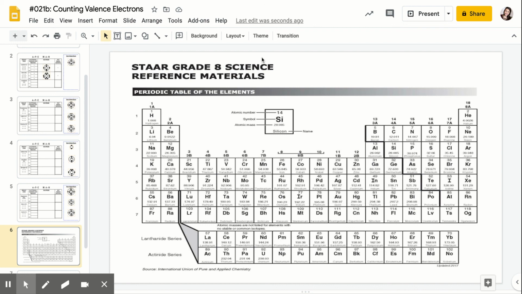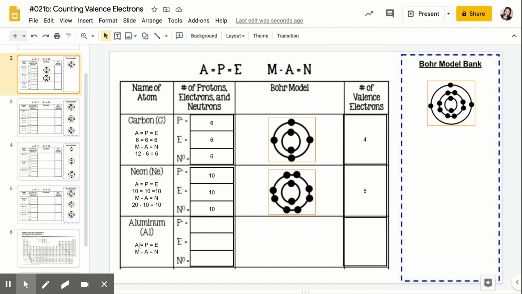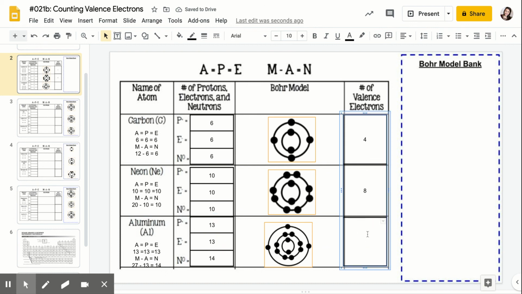Okay, so I'm going to work fast. 13, 13, 13. Mass number was 27 minus 13 is going to give you 14. So this is obviously my last one. And so I have 13, 13, 14 for neutrons with the valence electrons, 3, because it's in group 13.